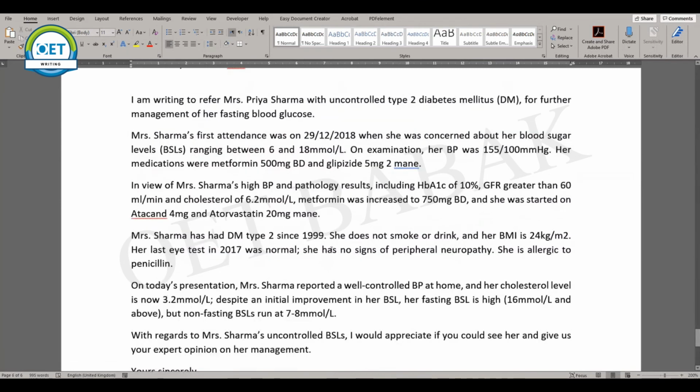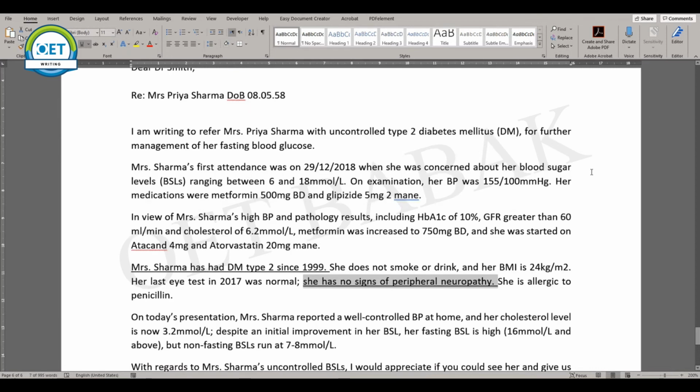Mrs. Sharma has had DM type 2 since 1999. She has no signs of peripheral neuropathy.